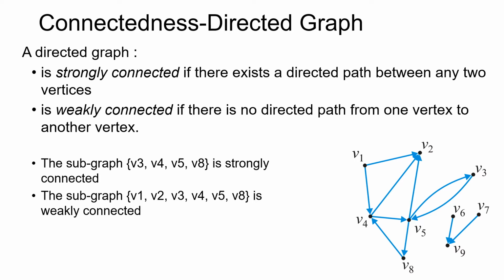Even though there exists a path from V1 to V2, there is no directed path to start from V2 and reach back to V1 via any of the vertices present in the graph. Similarly, there is no directed path starting from V3 to reach the vertex V2.